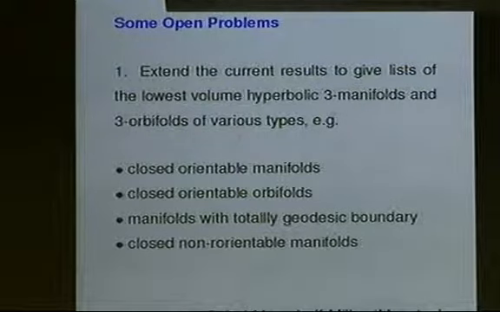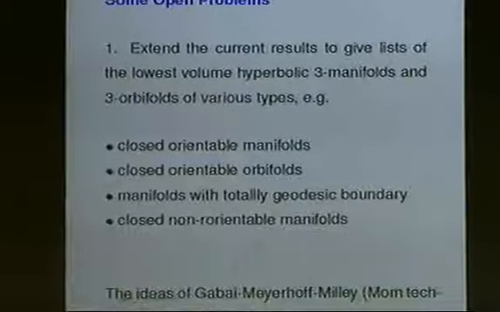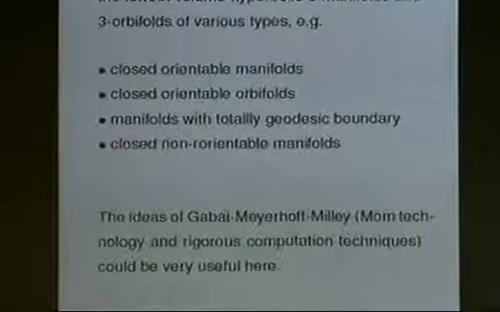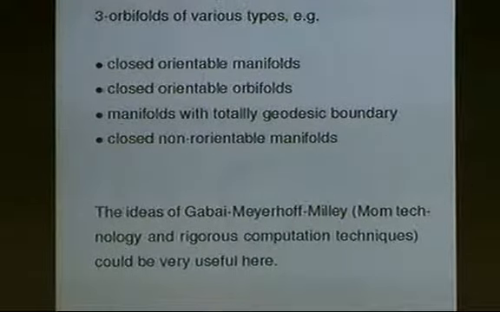So for instance, if we look at closed orientable manifolds, we now know that the Weeks manifold is the lowest volume, but we still don't know what the second lowest volume is, or it hasn't been proved rigorously. We have nice lists of conjectures for these things, but it would be very nice to extend this list, so maybe we get the first 10 or 20 low volume manifolds.